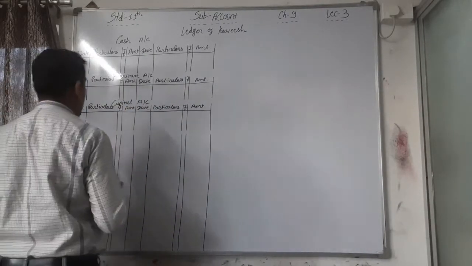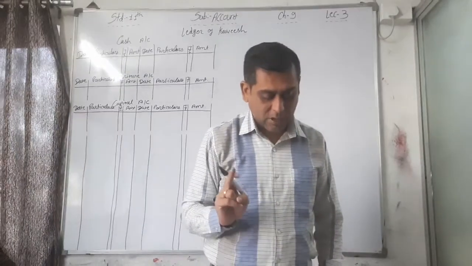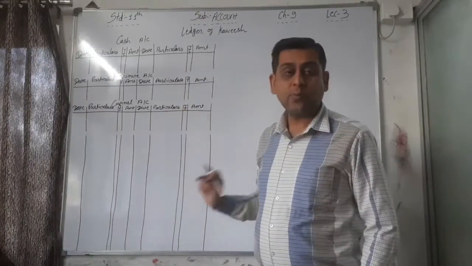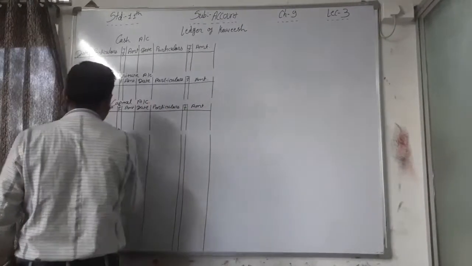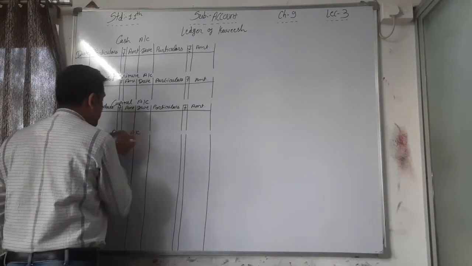Okay. Next one after capital account. The next affected accounts in the second entry are Parth and Munj to cash. So cash already is there. Now Parth and Munj account we have to prepare. Parth account.